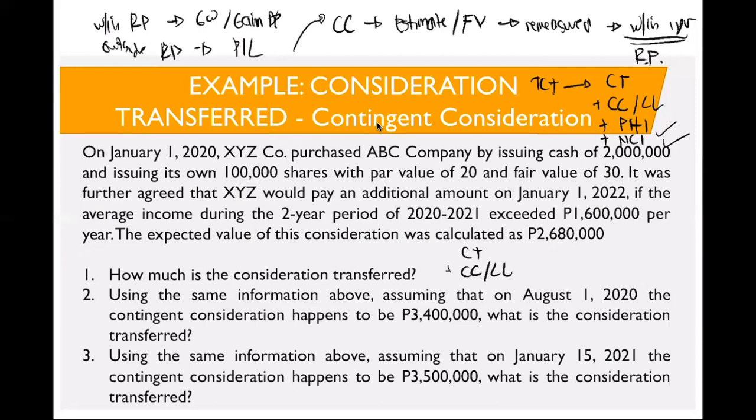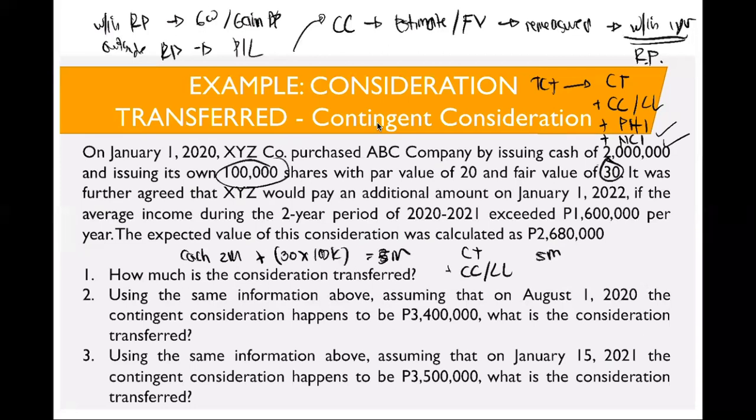In this case, the total consideration transferred is only composed of the consideration transferred plus the contingent consideration or contingent liability. So for the consideration transferred, we're done computing that. That is the cash of 2 million pesos plus the fair value of your shares, 30, times the 100,000 shares. So this will give us 5 million pesos. So consideration transferred is 5 million.